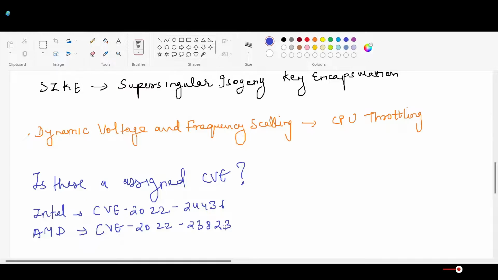Now, since patches are not available, some countermeasures have been provided by AMD and Intel.